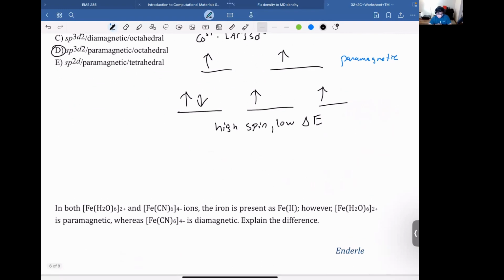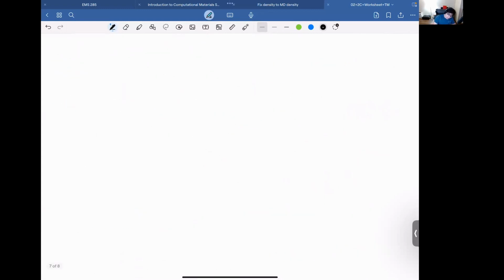All right, moving on. It says in both the iron aqua complex and the cyano iron complex, the iron is present as iron 2. However, one is paramagnetic and one is diamagnetic. Explain the difference. So this has to do with electron pairing.